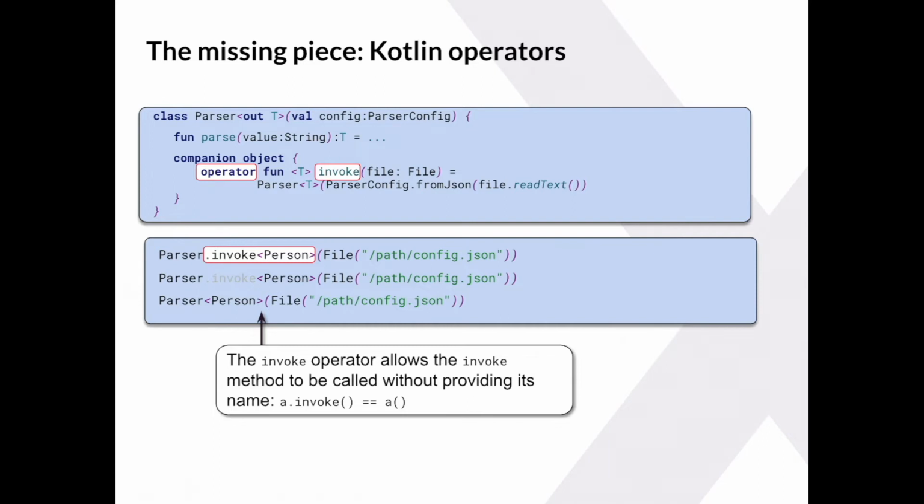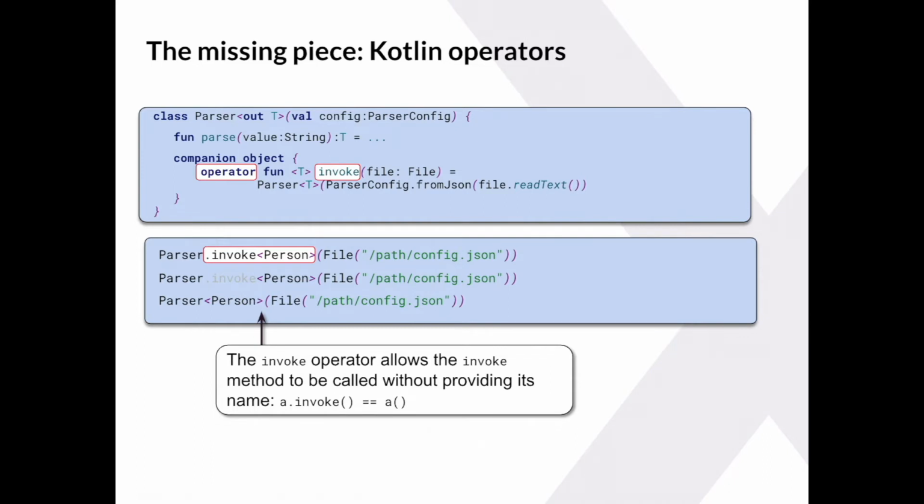Same for plus, operator plus. Right? So what you can do then is actually call the parser as if it was a constructor of the parser, because you don't have to define invoke. But it's still a method you can implement. You don't have to provide an overall constructor, simply use a method invoke and it works.